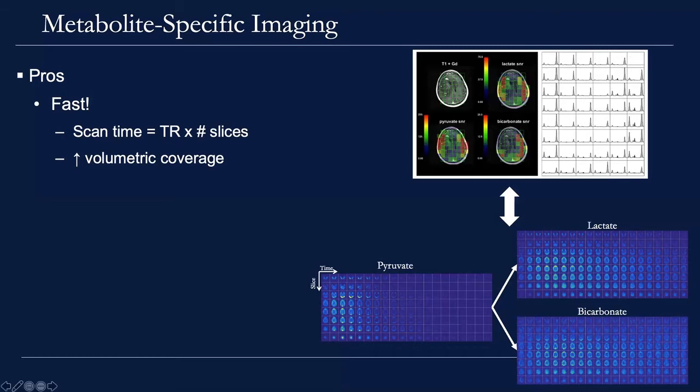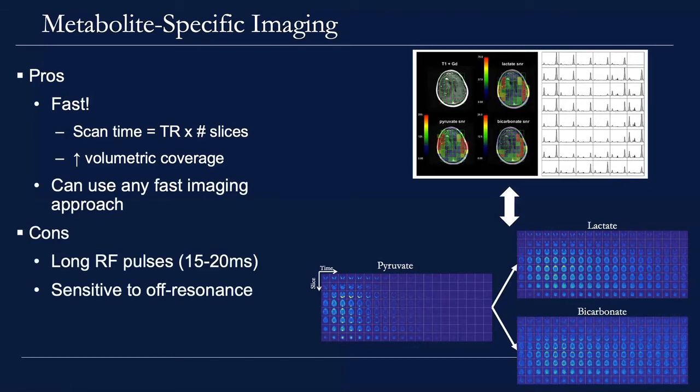So we can go from a single slice EPSI to a multi-slice or 3D frequency selective imaging approach without any increase in scan time. We're able to go from 2D to 3D without any hit to our temporal resolution. And the downside that we talked about is that they are relatively long duration pulses, and they're also very sensitive to off resonance. So if our frequency is set incorrectly, we're not going to get very good, if any, data.